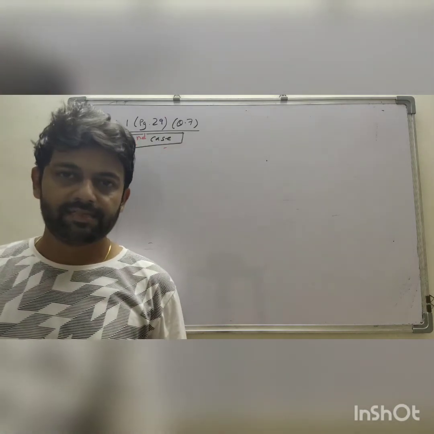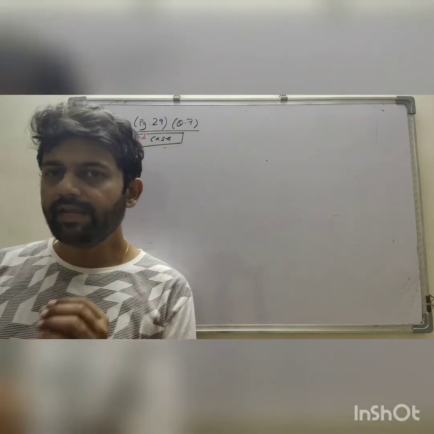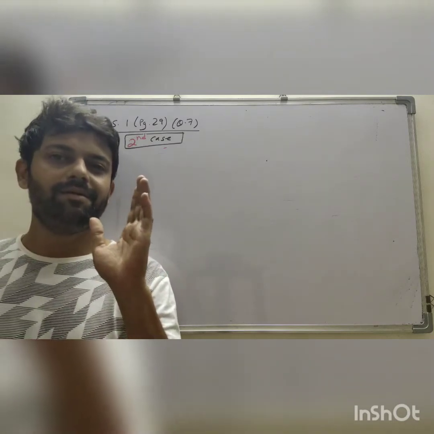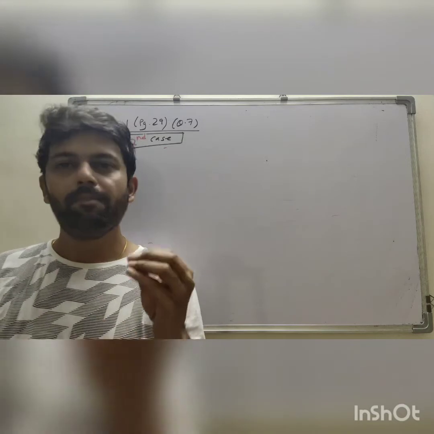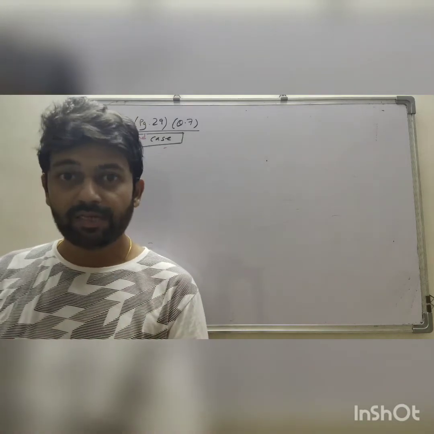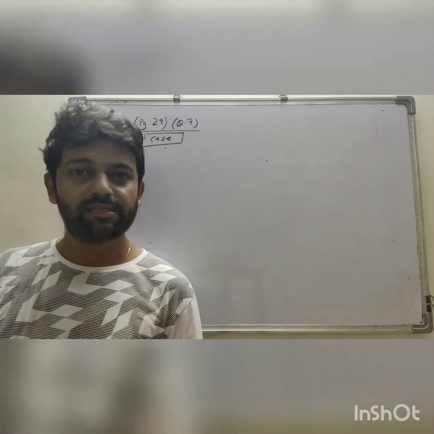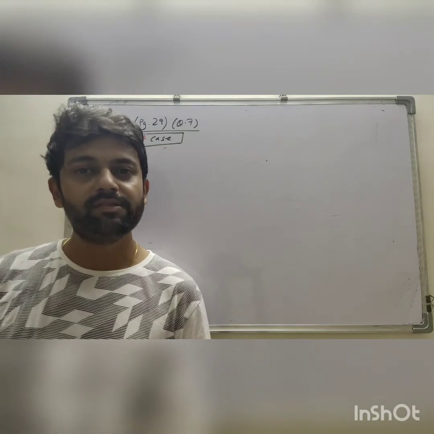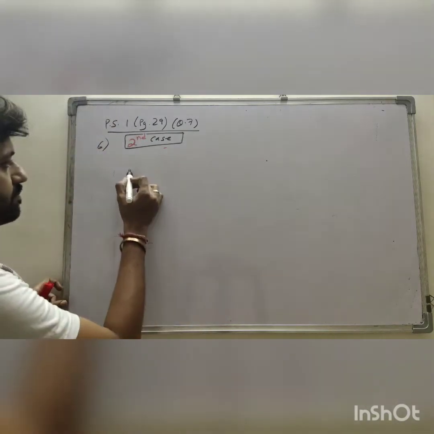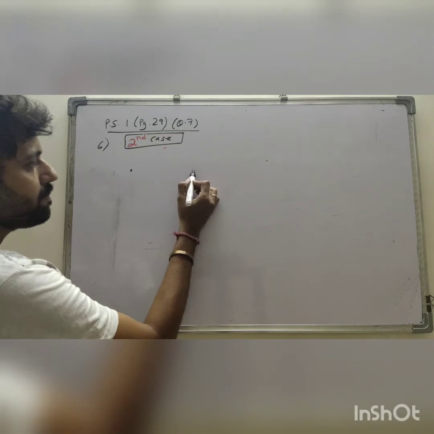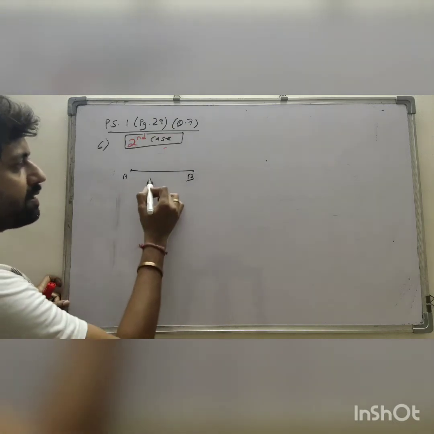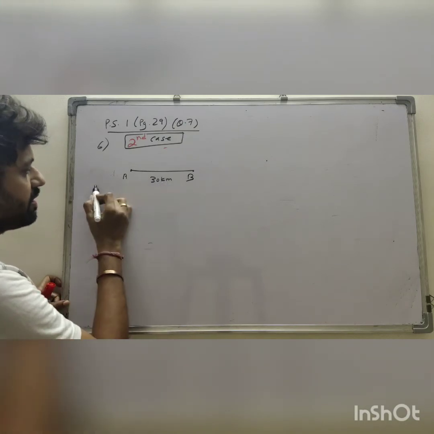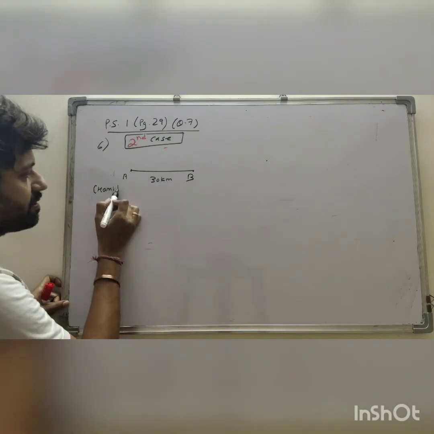Discussing the second case. In the second case, the two persons Hamid and Joseph remain the same. The places A and B remain the same. They are at a distance of 30 kilometers from each other. Here is Hamid.